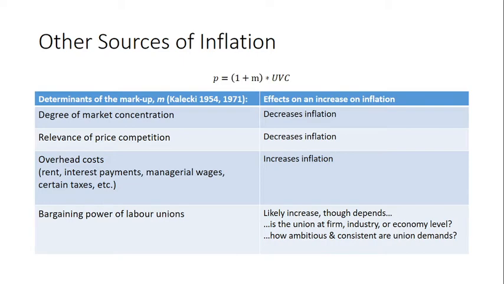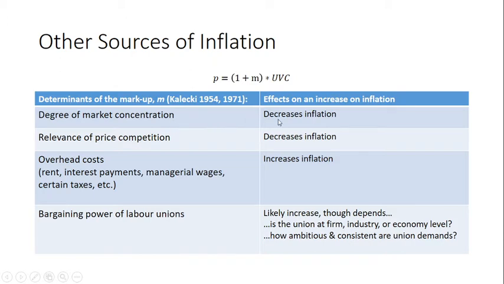Okay, so we've looked at the way unit variable costs can be affected and how demand can exceed potential outputs, but we haven't talked about how the markup may change and what can affect the markup. This is particularly relevant for our explanation of the Phillips curve. So let's go through the points that Kalecki says influence and determine the markup. First, there's the degree of market concentration. This is pretty straightforward.